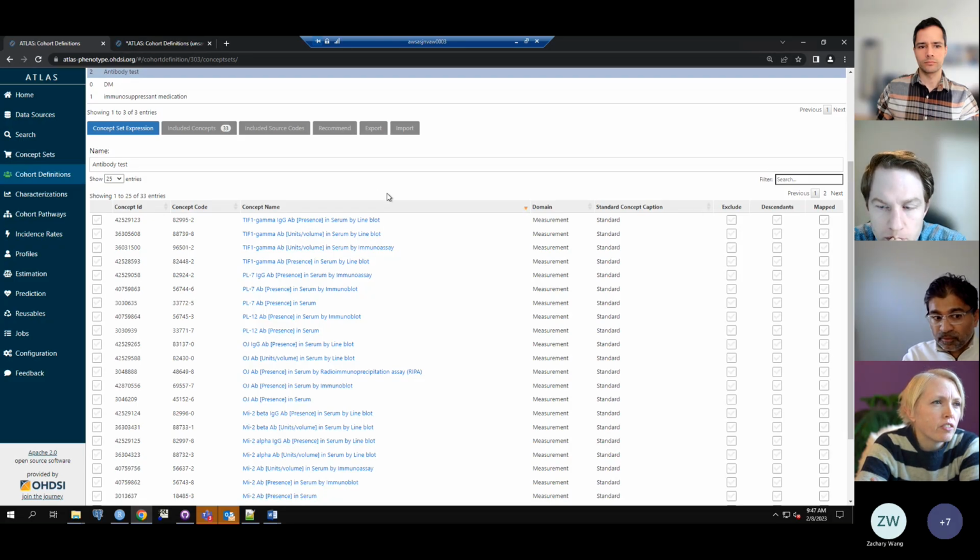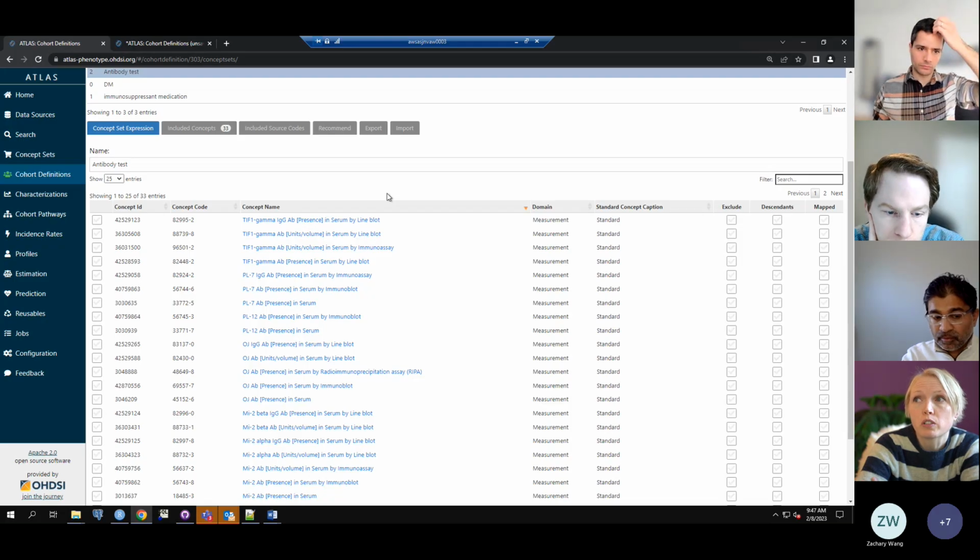And a lot of these antibodies, looking at them, some of these I don't know what they're testing for, but I've got UpToDate up on my other screen looking at the types of antibody testing we do for inflammatory myopathy, specifically dermatomyositis, and some of these I don't recognize. So you might be over-including with some of these, but I'm not sure.